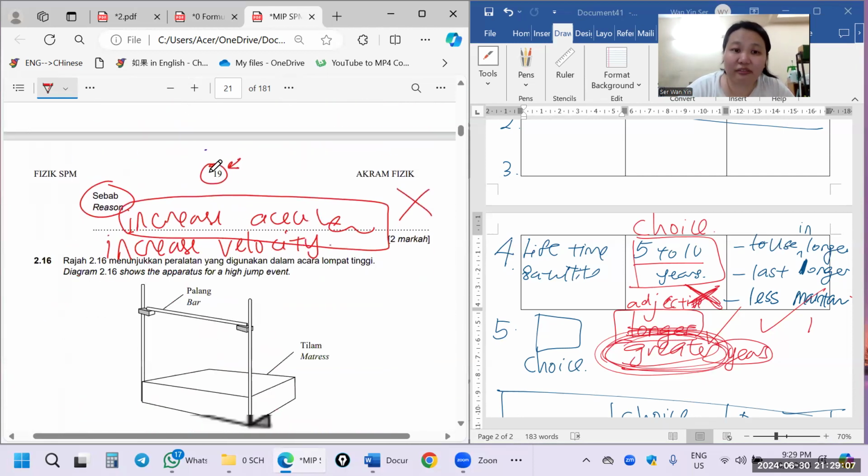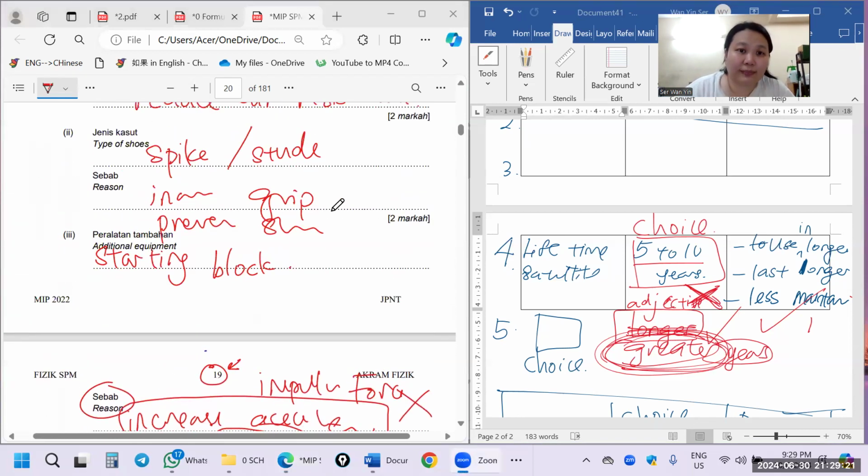We use velocity. Or increase impulsive force. Increase the net force. Can I say increase friction? Can increase friction, if you say increase friction with not the field, but the track.